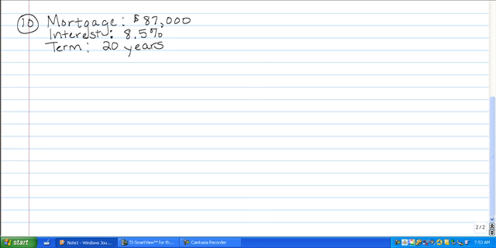Alright, so the table value for 8.5% for 20 years is 8.67823. Show you how to use this. And that's per thousand, so we have 87,000, so we need to multiply that by 87.